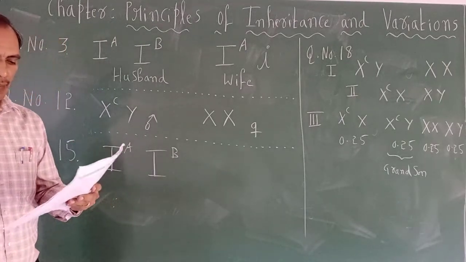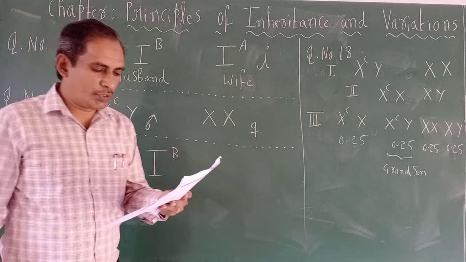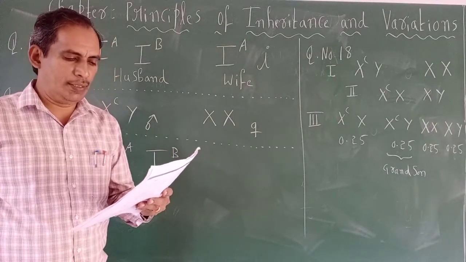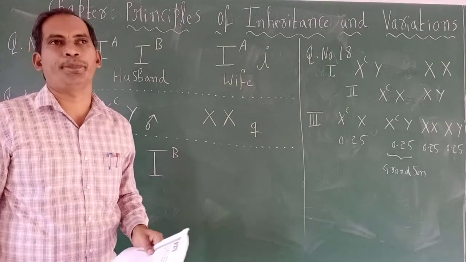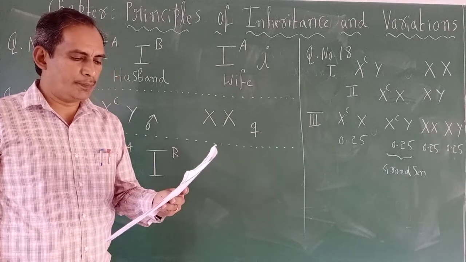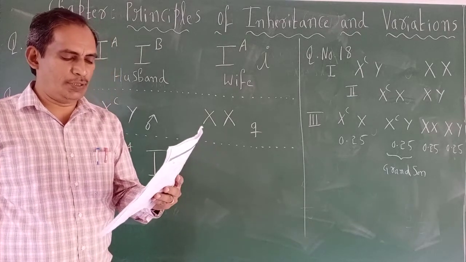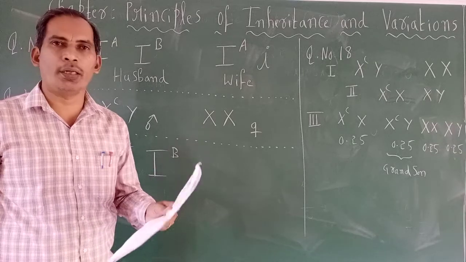Among the following characters, which one was not considered by Mendel in his experiments on pea? The correct option is B, trichomes, glandular or non-glandular.